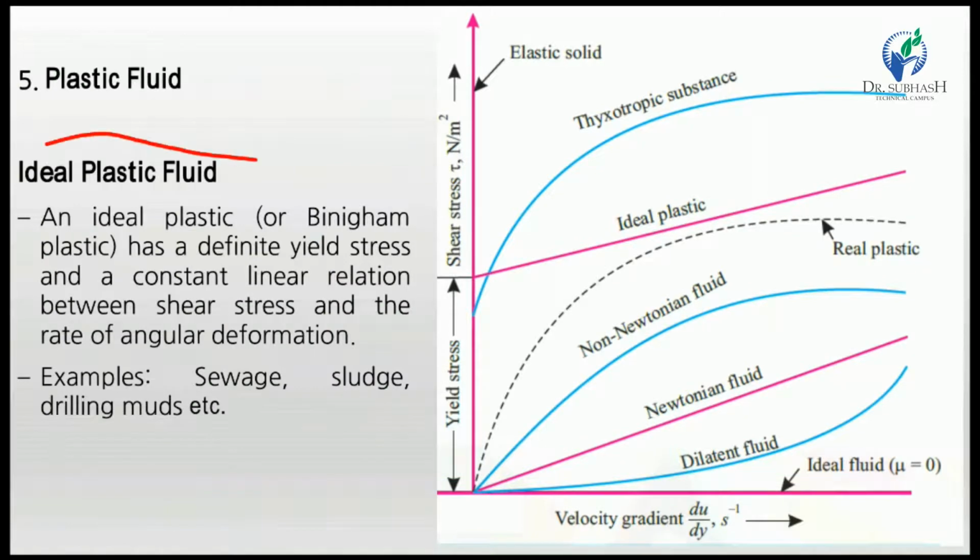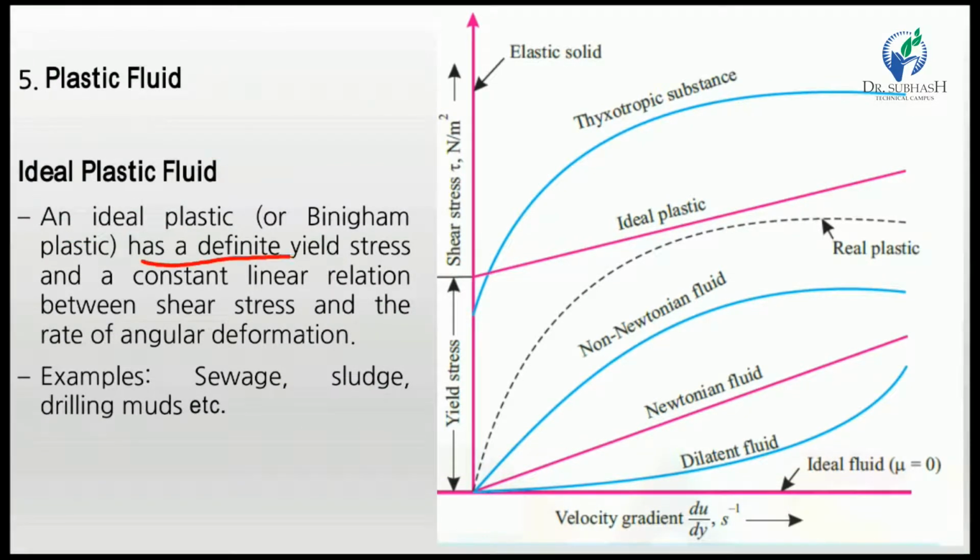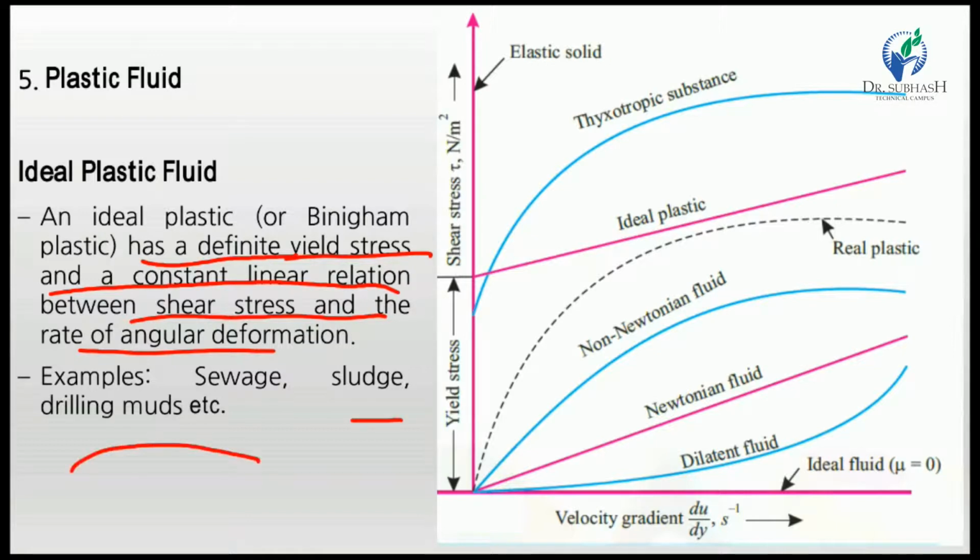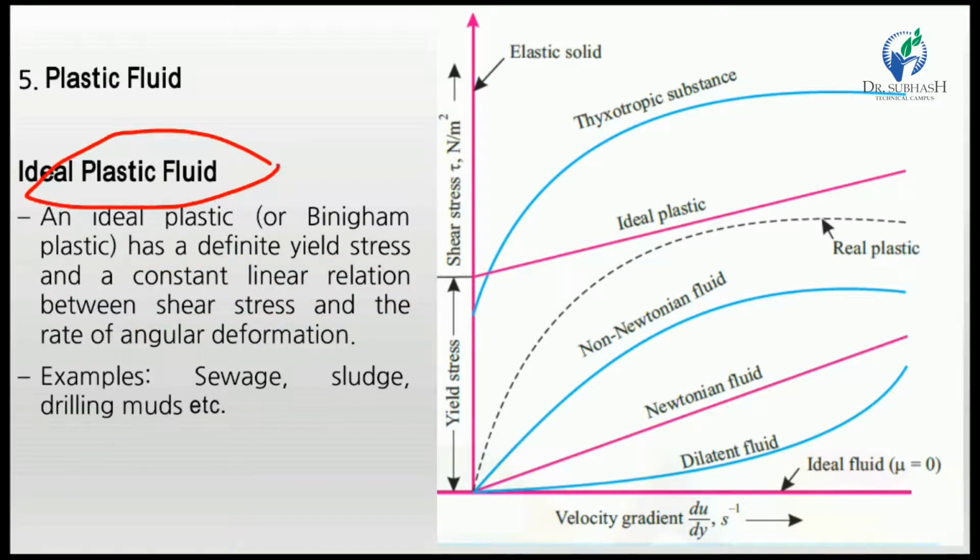In an ideal plastic fluid, there is a definite yield stress and a constant linear relation between the shear stress and shear strain. Okay. Examples are sludge and drilling muds. Okay, it's an ideal plastic fluid.